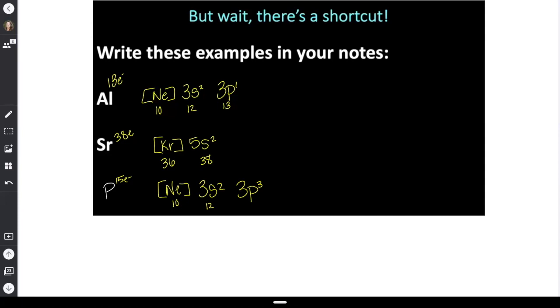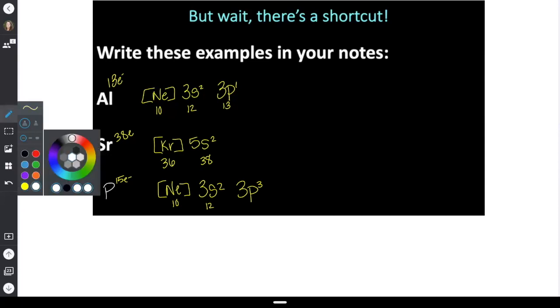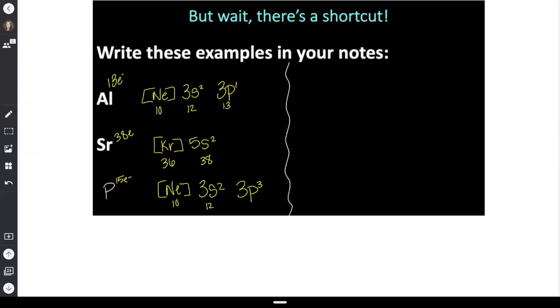All right. And let's take a look at one more, just for good measure to make sure we are good. Let's take a look at lead, Pb. Lead has 82 electrons.